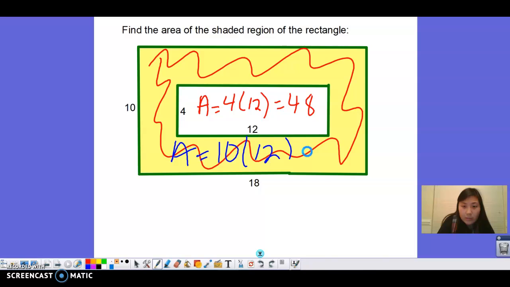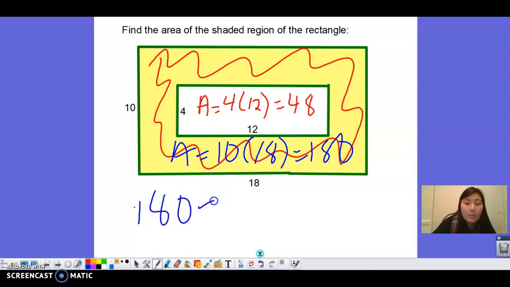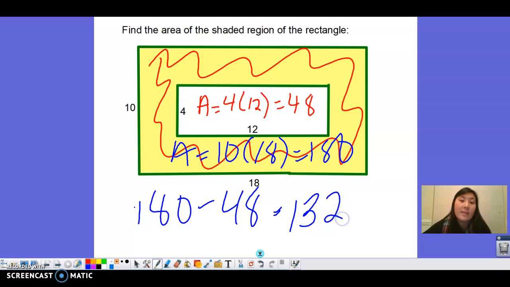I looked at the wrong number. It's going to be 10 times 18, which is going to give us 180. So the area that we are looking for is 180 minus 48, and that is going to give us 132, and that's just of the shaded region.